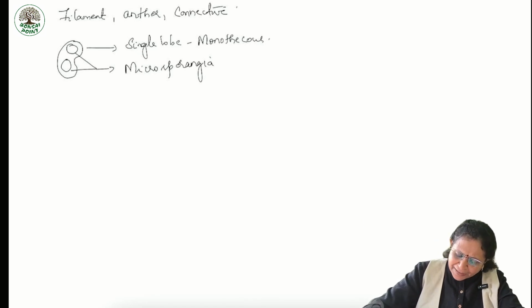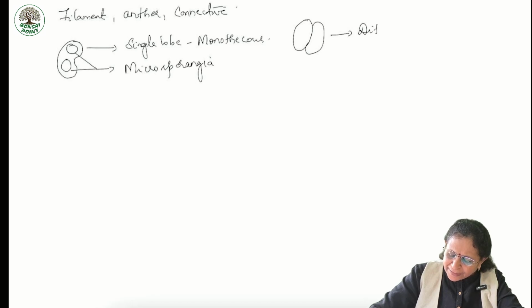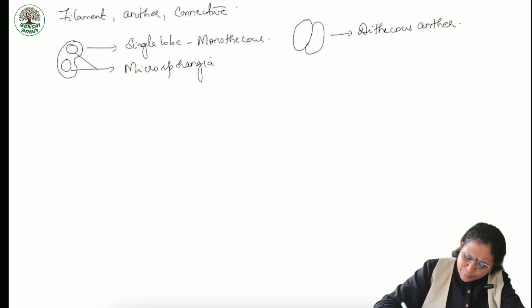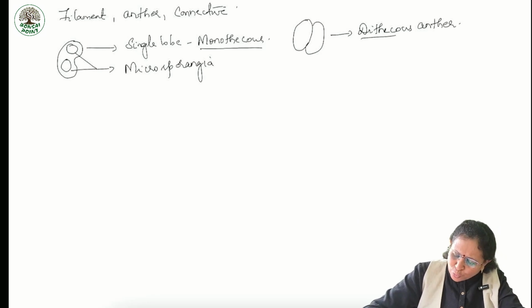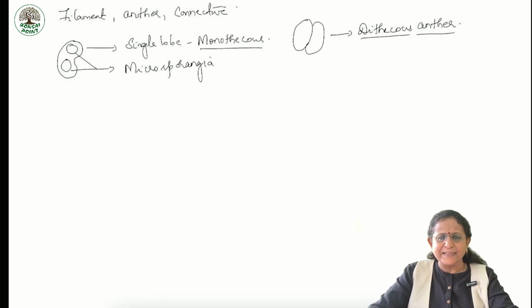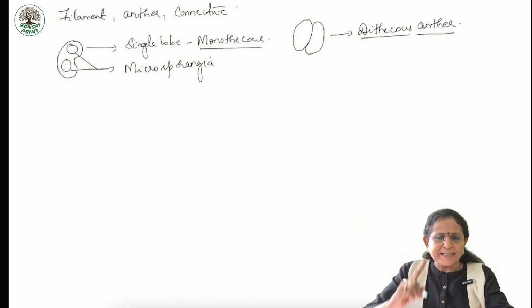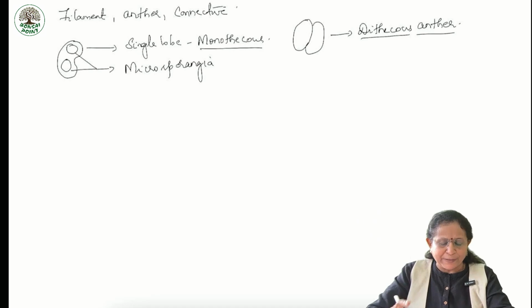Now on the other hand, the anther may be bilobed. In that case, we call it a dithecous anther, if it has two lobes. Anther with single lobe is monothecous anther. Anther with two lobes is said to be dithecous anther. I told you, even if it is a single lobe, it will have two microsporangia.